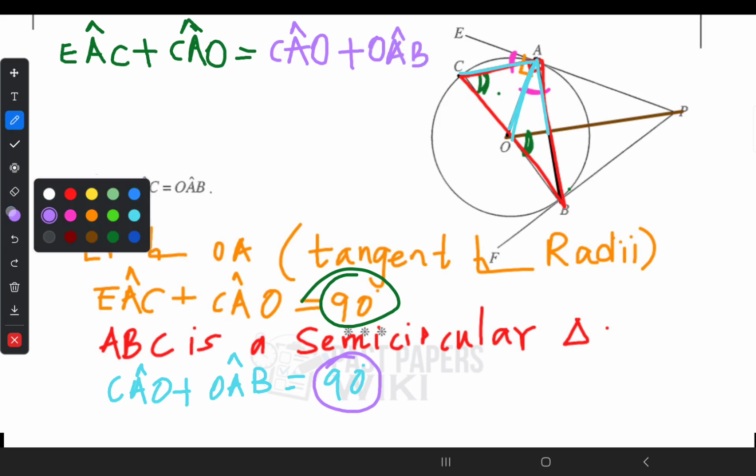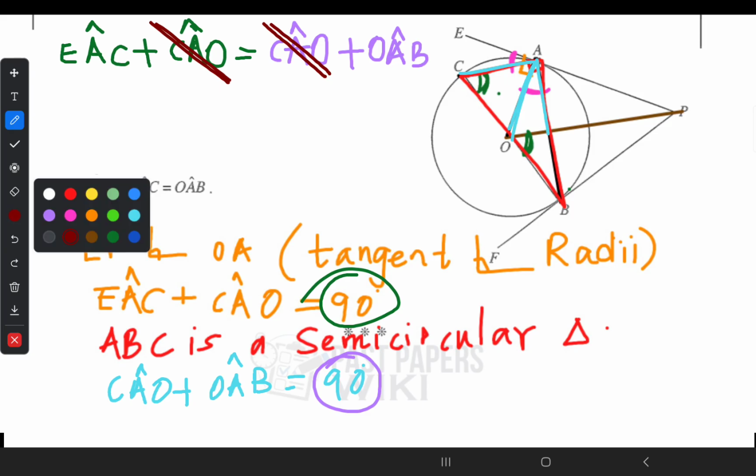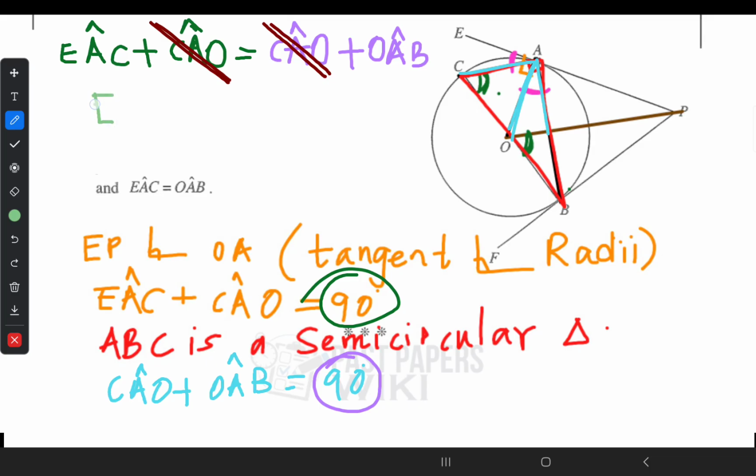So here we just proved it. Look at this relationship. This one also consists of CAO, so both can be cancelled out. Here also the sum has CAO, and this one also is added with CAO. We can directly subtract that. Then finally we can show EAC equals OAB. That's all for our answer in this case.